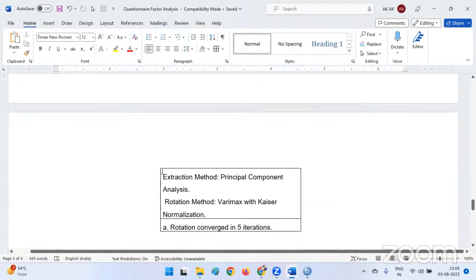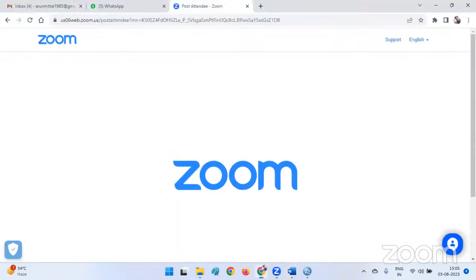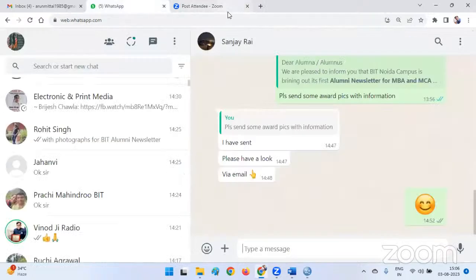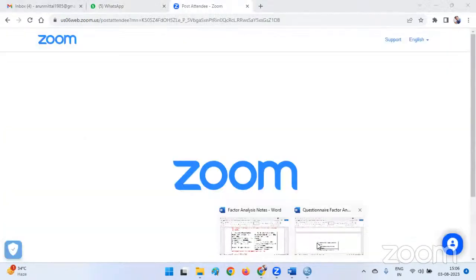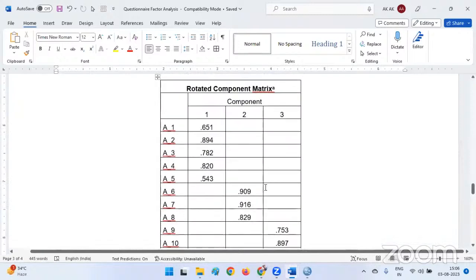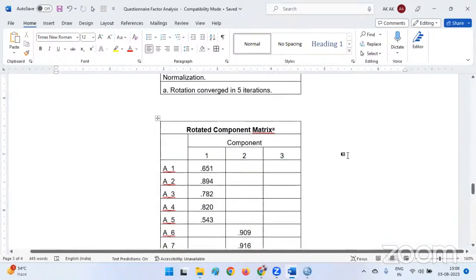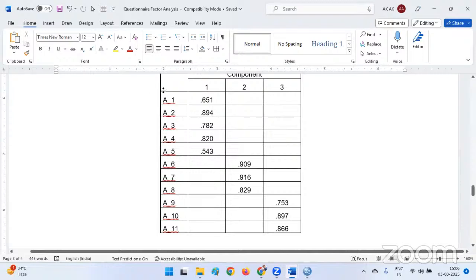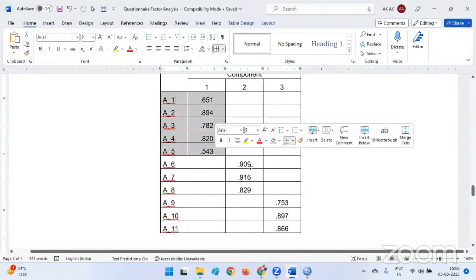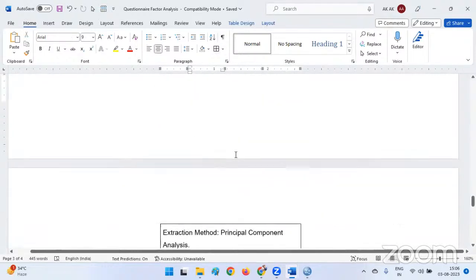What else now? Now, the challenge is, what else to be calculated to check the reliability of these factors?